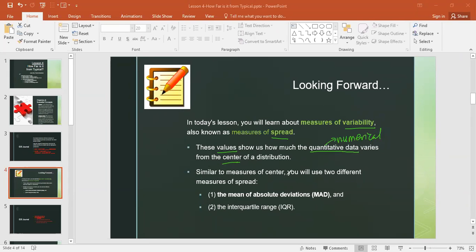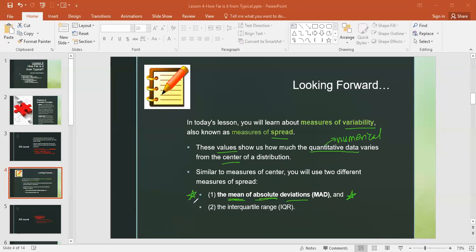Similar to the measures of center, you will use two different measures of spread. You'll use the mean of absolute deviations, which is what we're talking about today, shorthand MAD, and we will understand every single part of this. What does the mean have to do with this? What does absolute have to do with this? What is deviations? Think about that word.